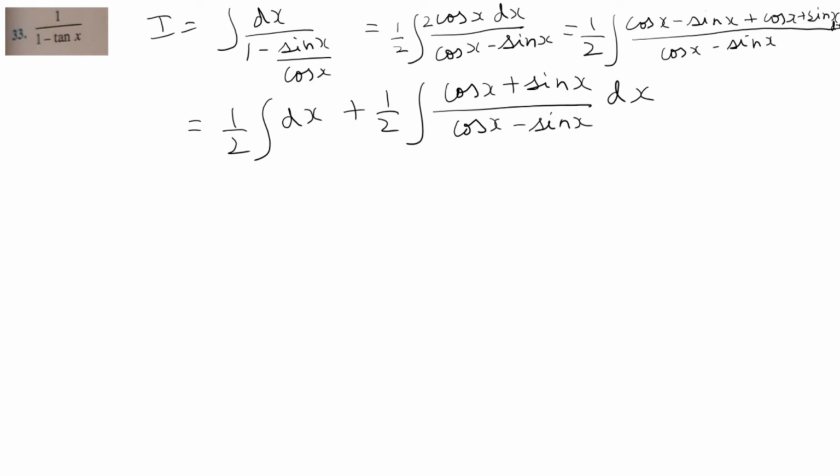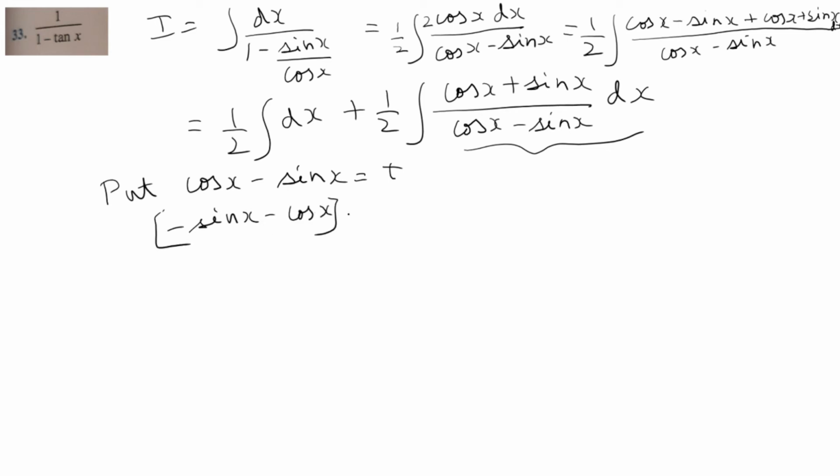Now for this integral we can do substitution. We can put cos x minus sin x as t, so that minus sin x minus cos x dx will be dt, or the numerator has cos x plus sin x, so cos x plus sin x dx will be minus dt.